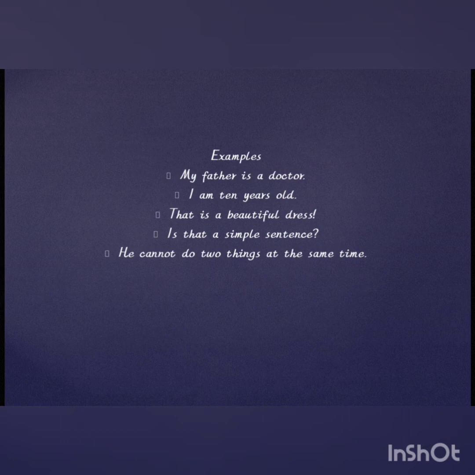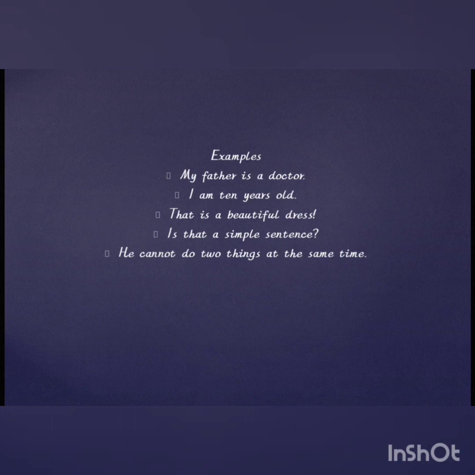So this is an example of a simple sentence. Now look at the following example. I am 10 years old. I is the subject portion, a pronoun, and am is the verb, and the rest of the sentence is the predicate portion. So it's a perfect example of a simple sentence.